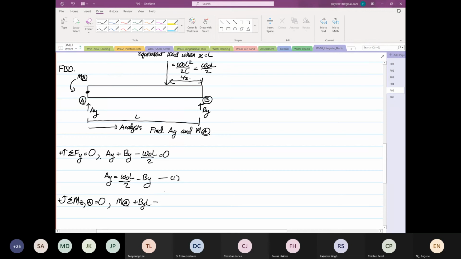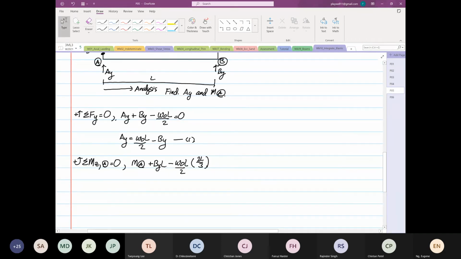So minus omega naught L over 2, and then multiply by 2L over 3, because the distance from here to here is equal to L over 3. So the moment at point A, the whole thing is equal to 0.